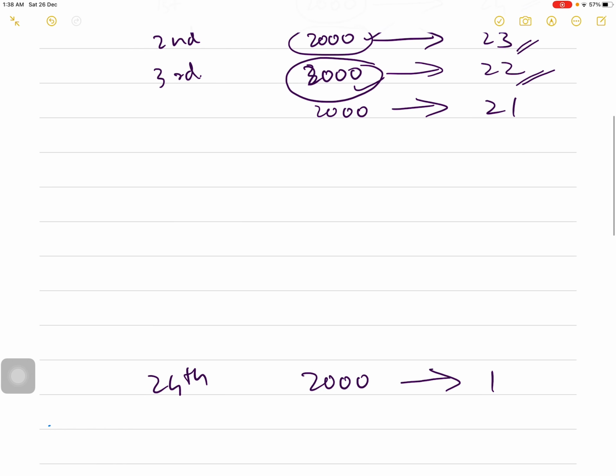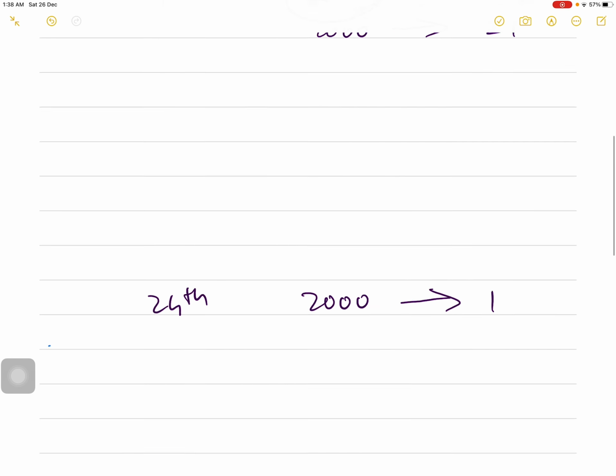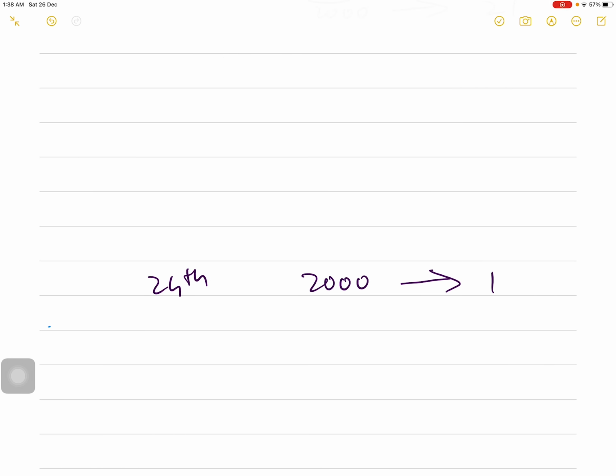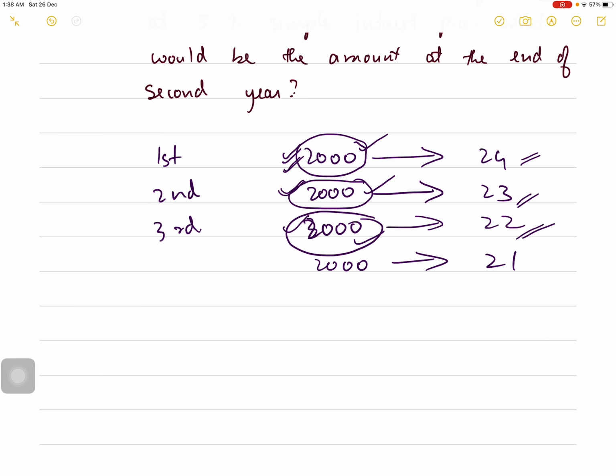Now, principal amount: for the first month it is 2000, the second month 2000 plus 2000 becomes 4000, the third month 2000, 2000, 2000, the principal becomes 6000, right? So let us keep the principal as 2000, which makes the calculation easy. Let the principal amount be 2000 for 1 month, and let's see how many months of interest you are getting.